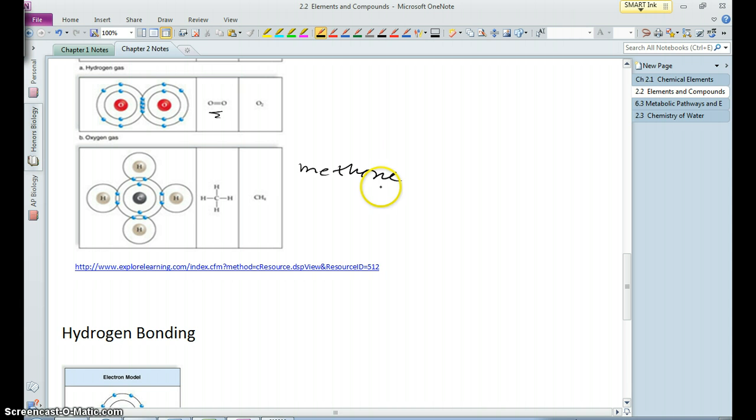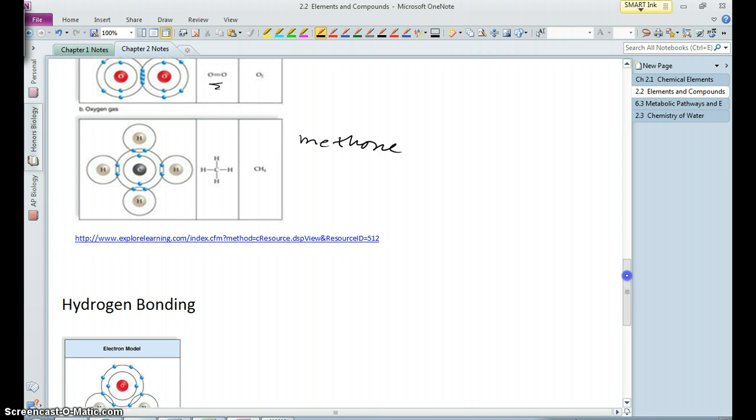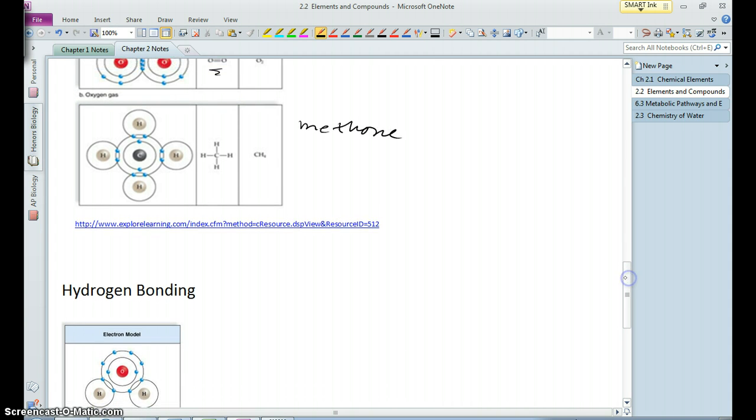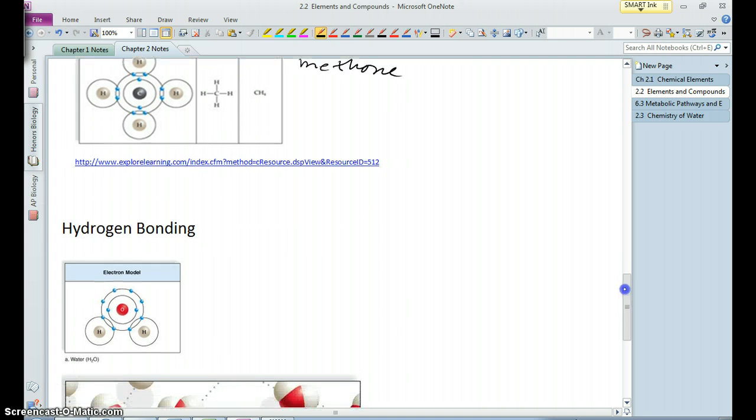Carbon has an atomic number of 6, and so it has 2 on the inner orbital and then 4. And so it wants to form 4 bonds, so it will bond with 4 other atoms, quite often including with these 4 hydrogens to make methane. They're each sharing a pair of electrons here, pair of electrons here, here, and here. And so now each of those atoms has all it needs.